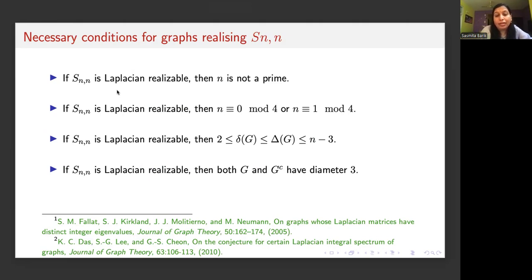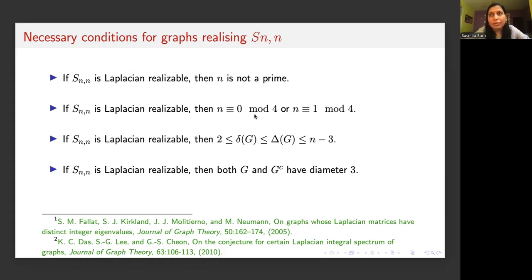If you add them, that gives the sum of the degrees. And if you add 0 to n−1, that gives n(n−1)/2, and that is 2 times the number of edges. So n(n−1) should be divisible by 4. That leads to the second conclusion.